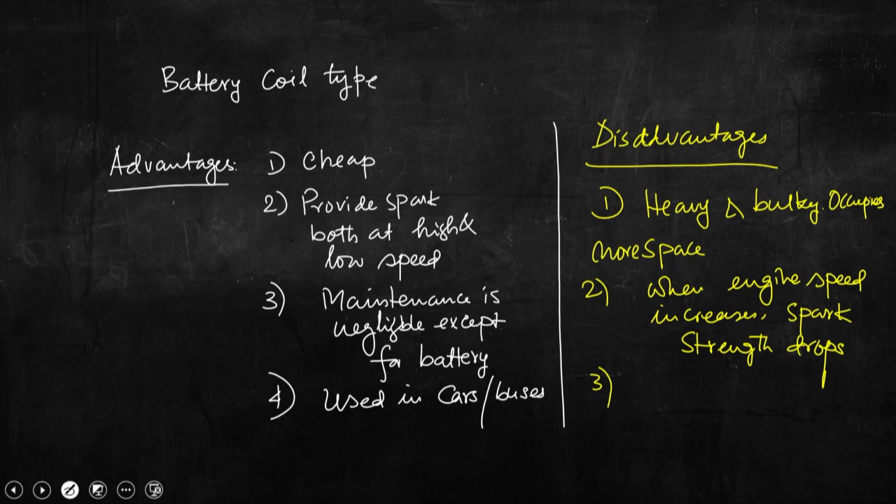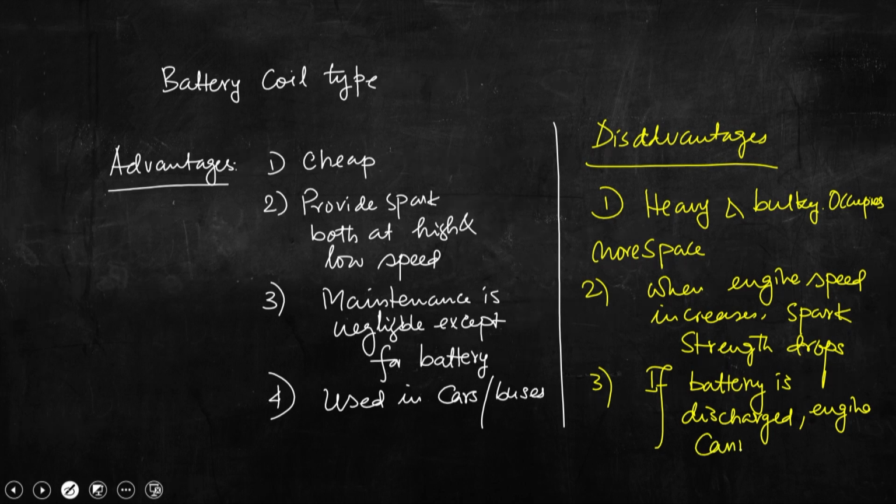Number 3 is, if the battery is discharged, not completely even, if the battery is discharged, the engine cannot be started. It is not necessary that the battery has to be discharged completely, but even when the battery is partially discharged, it is very difficult to start the engine.